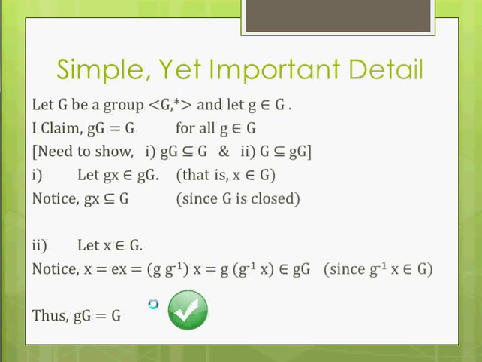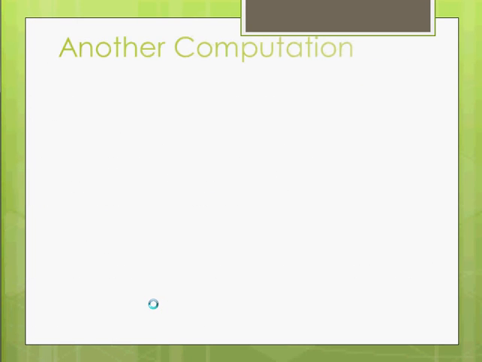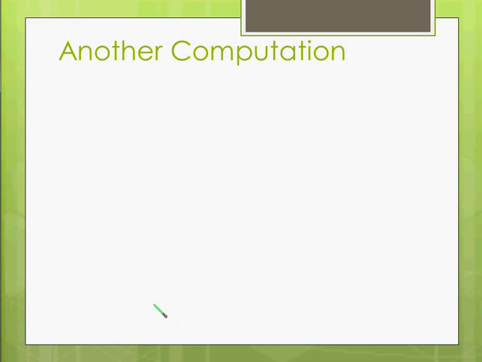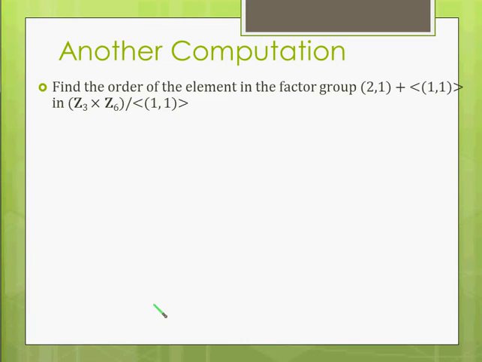So we got that, we're good there. Let's keep going and do another computation. This one's a little bit trickier. Find the order of the element (2,1) plus the cyclic subgroup generated by (1,1) in the factor group Z3 cross Z6 mod the cyclic subgroup generated by (1,1).